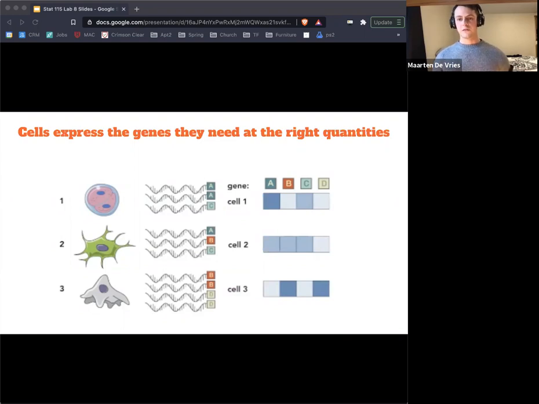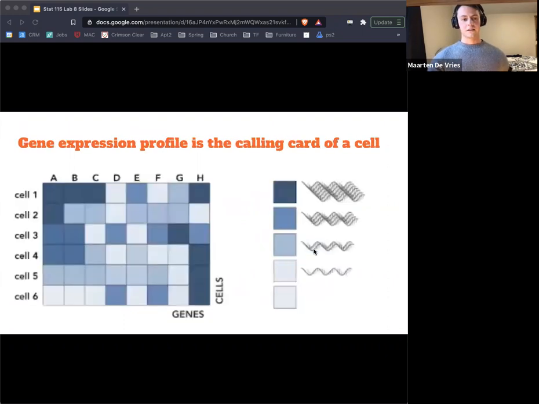So again, this may be obvious to you by now, but I want you to appreciate this idea, because perhaps when you learn about different cells in high school, you learn that a neuron looks like this, an adipose cell looks like this, which looks different from a red blood cell, right? But there's this idea that the expression of the cell, the gene expression, actually defines what the cell is. And I want you to appreciate that. And let's summarize here. The gene expression profile is the calling card of a cell.